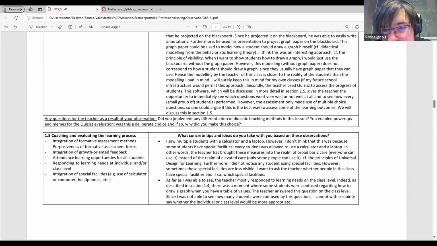Good. And then during quizzes, I saw that power-ups and memes were enabled. Was it a deliberate choice? Oh, that one is within the settings. Unfortunately, I didn't disable them, though I noticed they distract the concentration in the process of doing. It might motivate them, but it can distract them as well.